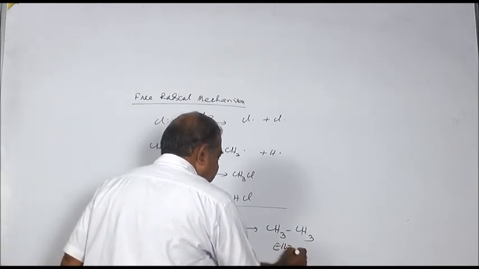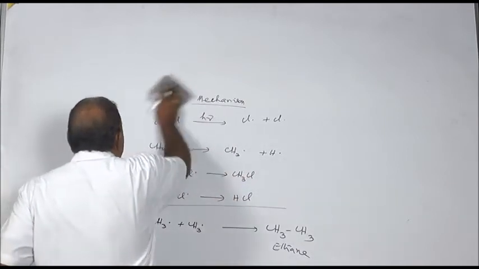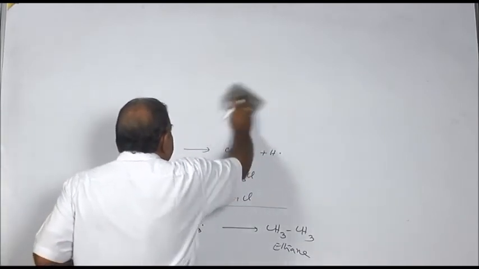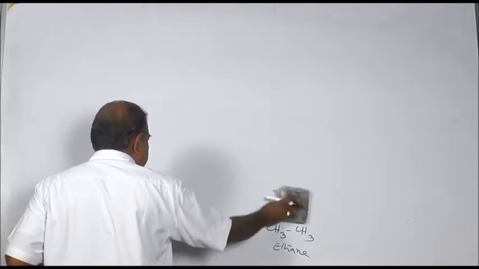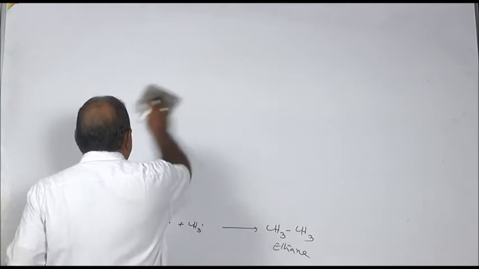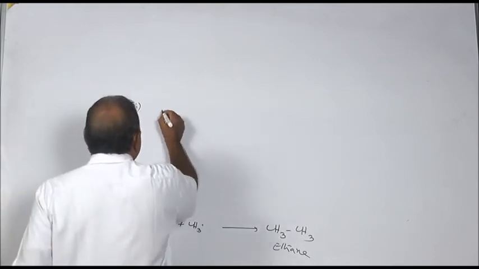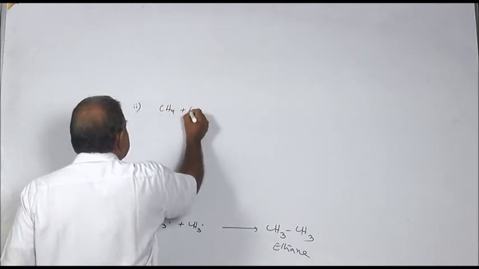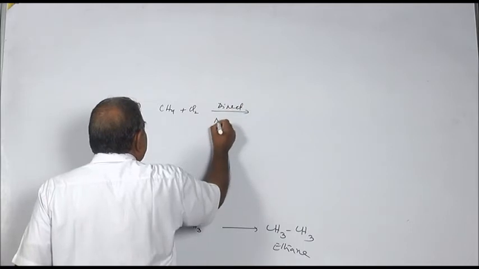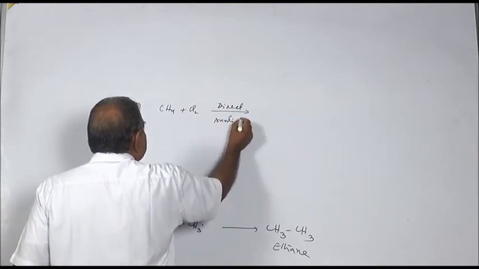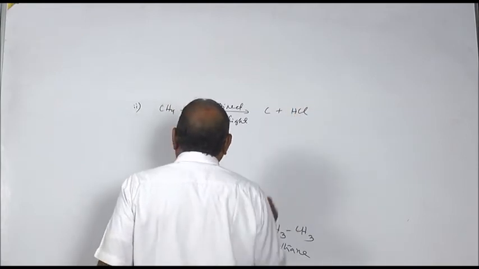So this is when alkane is treated with halogen in presence of diffuse sunlight available inside the room. In presence of direct sunlight, say we take methane plus chlorine in direct sunlight, you will get carbon and HCl.